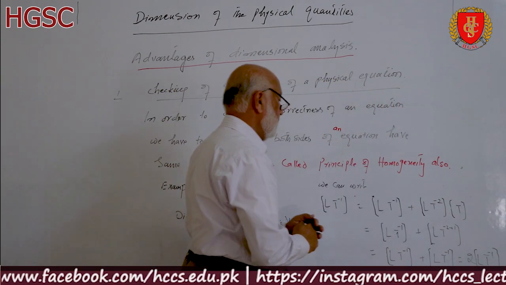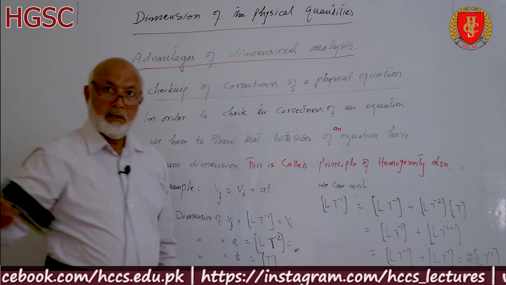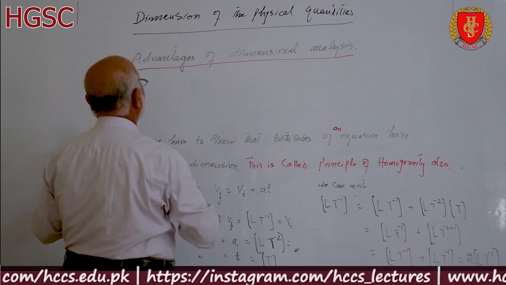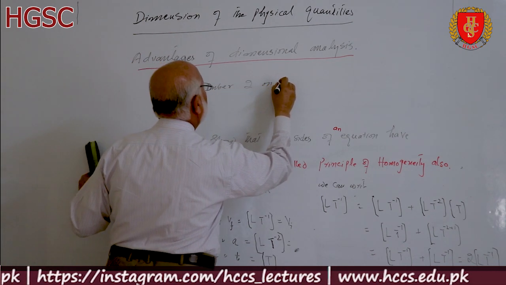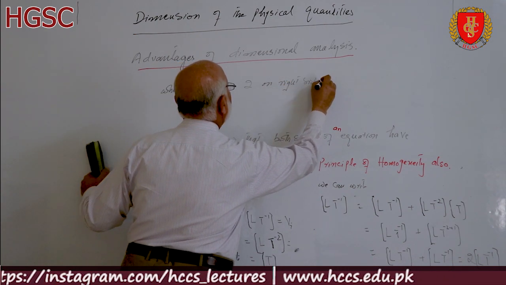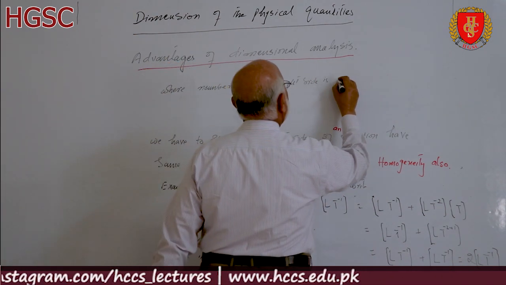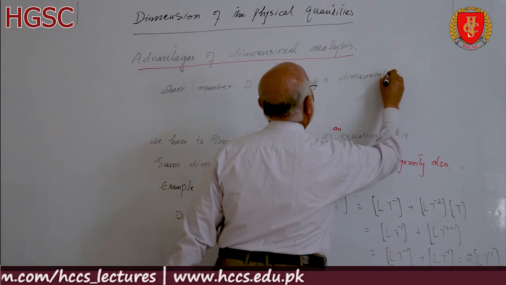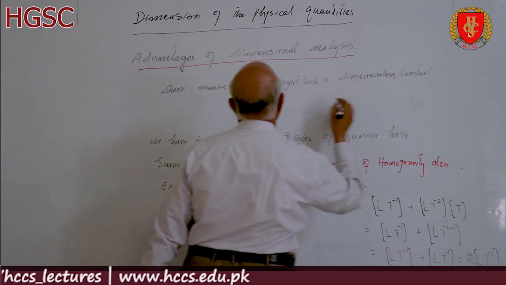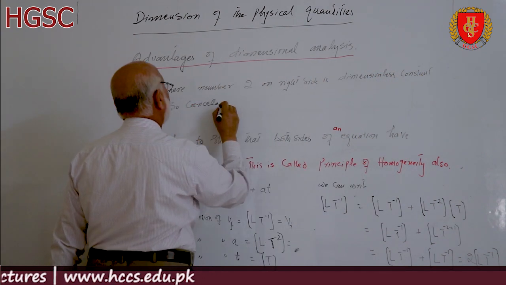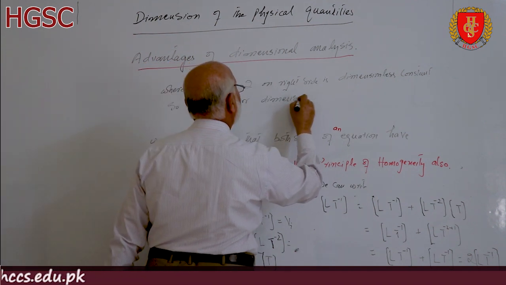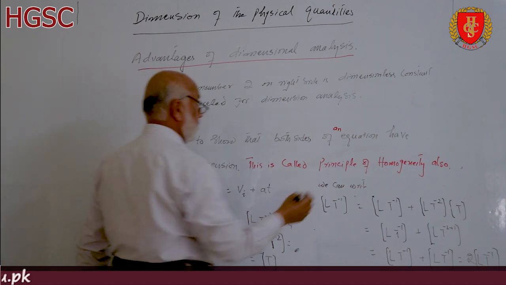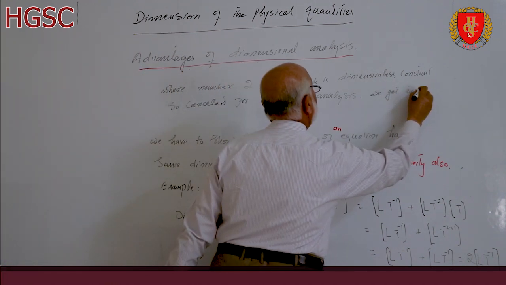In this equation, the number 2 on the right side is a dimensionless constant, so it is cancelled for dimension analysis.